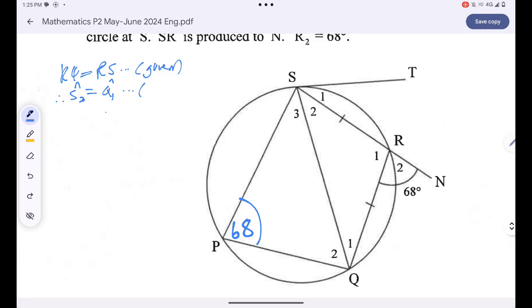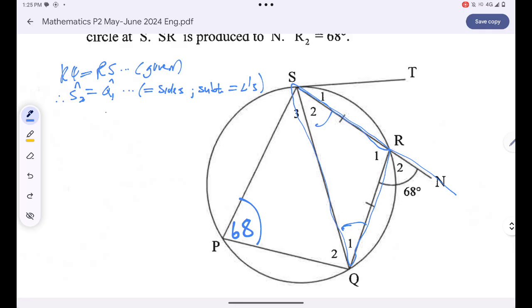Because these are the base angles of an isosceles triangle. This triangle over there is isosceles because the two sides are equal. So we can simply say base angles of an isosceles triangle, or simply say equal sides of a triangle will always subtend equal angles.